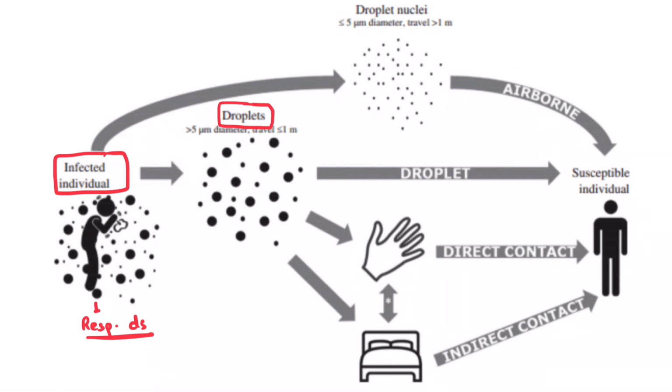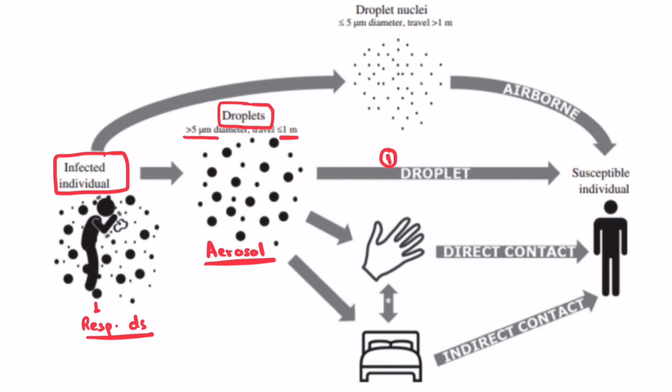As the patient sneezes or coughs, they suspend some particles in aerosol form, and the size of these particles is more than 5 micrometers and they can travel up to 1 meter. So the first mode is the droplet type of mode.